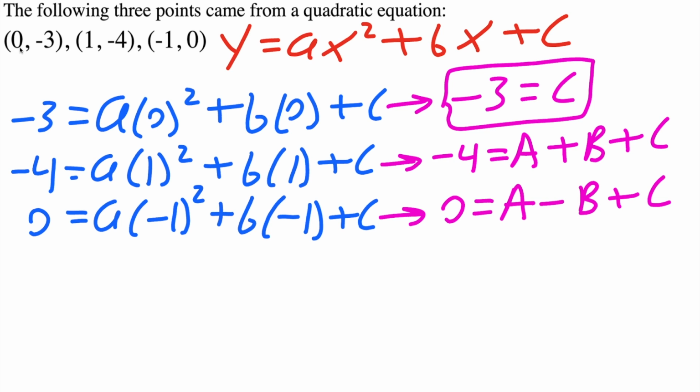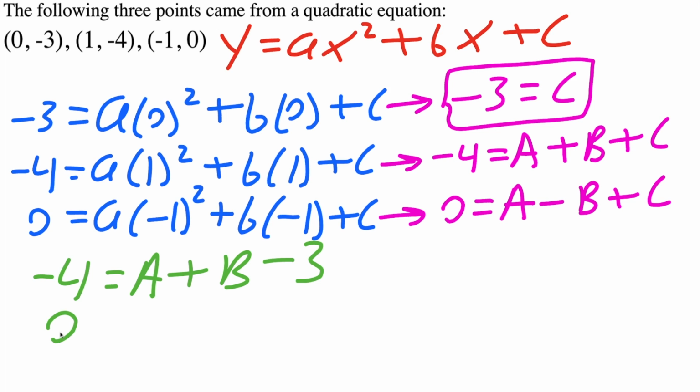But the same procedure though, like step 4 says perform multiple substitutions and or eliminations. That step would be harder, but in this problem, it's easier because we already got c, and c is -3. And so now we just need to substitute it in for the other 2 equations. So we can say -4 is equal to a plus b minus 3.